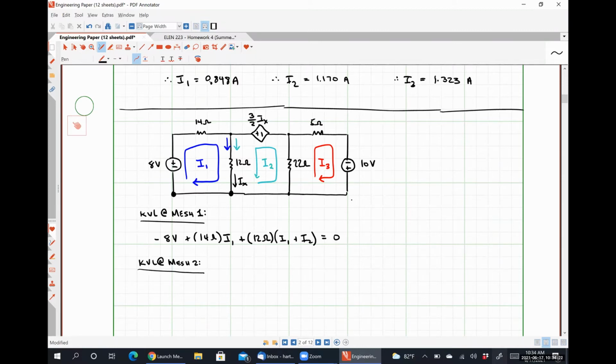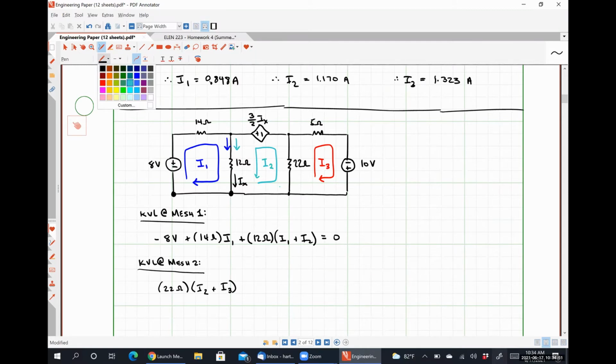The first thing that we're going to see now is the 22 ohm resistor, where we're going to have a current of I2 flowing up through the 22 ohm resistor and a current of I3 also flowing up through the 22 ohm resistor. So let me explain that.